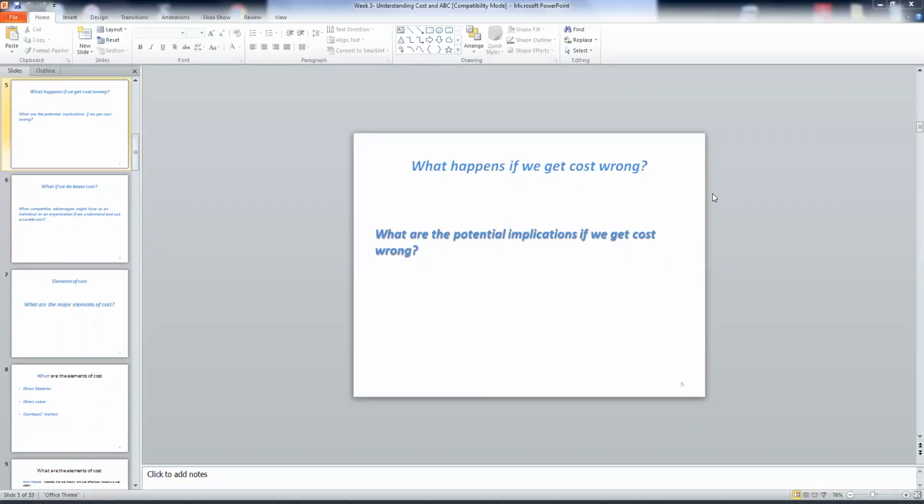As a result, we were undercosting some products and overcosting others, and we were putting our firms at a competitive disadvantage. So when we get costs wrong, we by default open up the door to make bad decisions. And when we make bad decisions, that can be very costly to our firm and to our employees and to our customers.